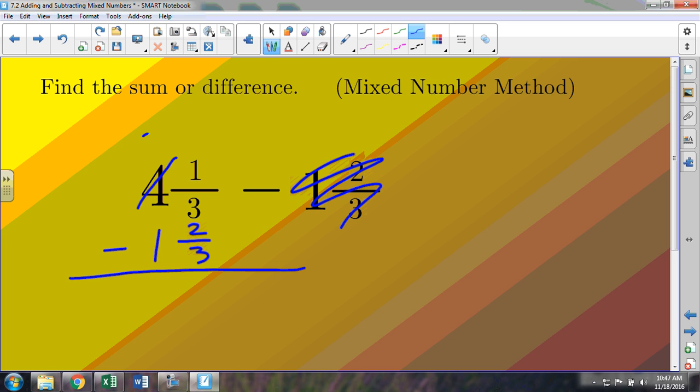Remember that to borrow, you'll subtract off, but then you have to add on your denominator. Therefore, we have 1 plus 3, subtract 2, 4 subtract 2 is 2, so we've got 2/3. 3 subtract 1 is 2. And so there's our answer, 2 2/3.